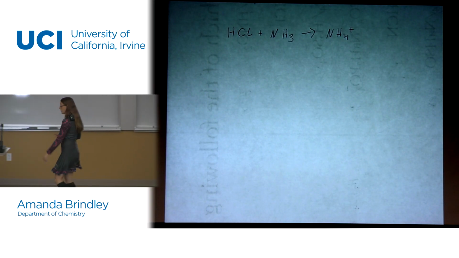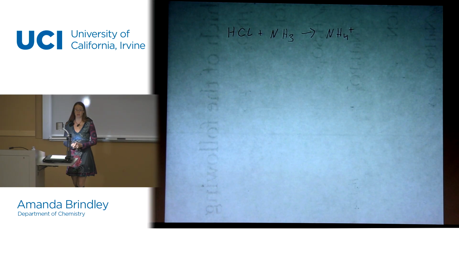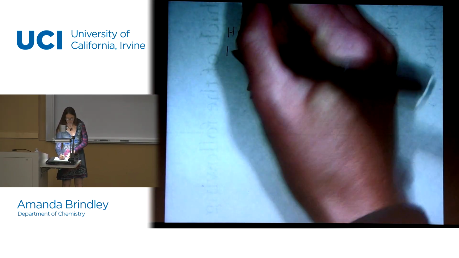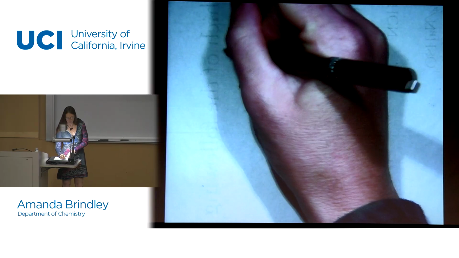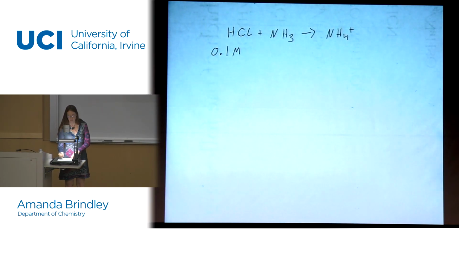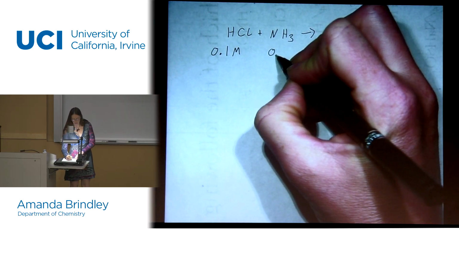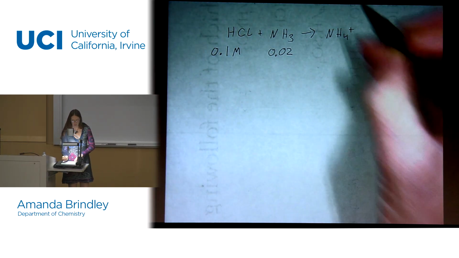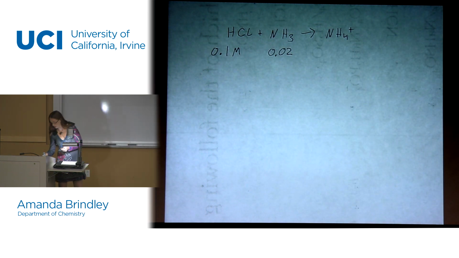So what you need to do is, let's say instead I give you some numbers. And I say that you have 0.1 molar HCl mixed with 0.02 molar NH3. I'm going to actually reverse that, sorry.